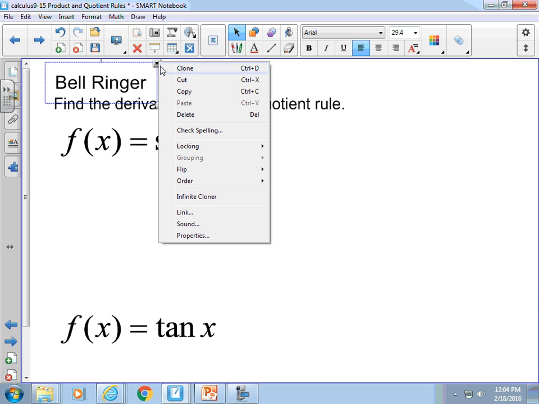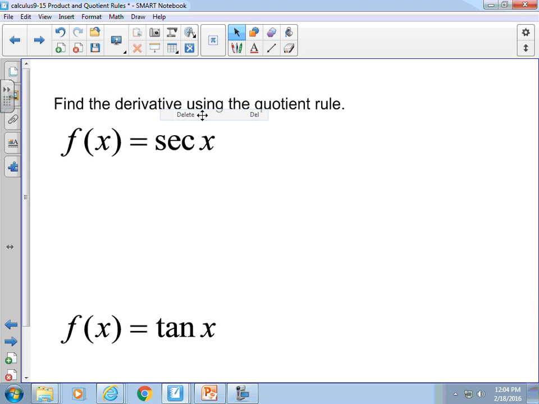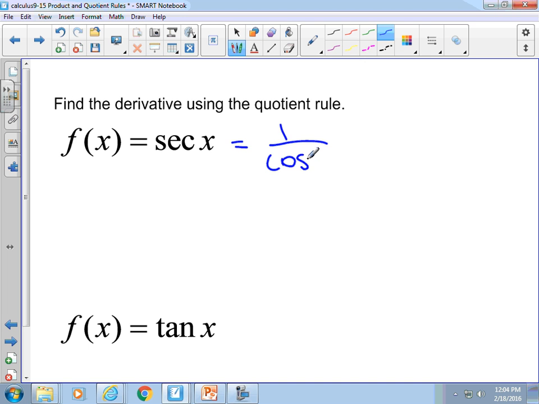I want to find the derivative of secant of x using a quotient. 1 over cosine of x. Can I now do all of the trig derivatives? Unfortunately, no. Low d high, what's the derivative of 1? 0.